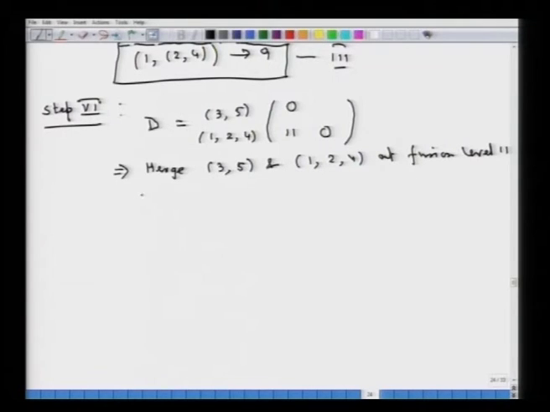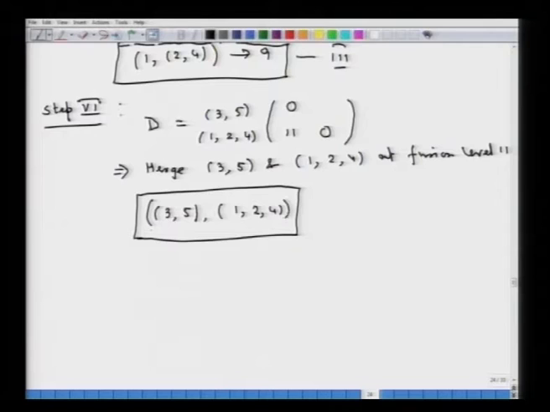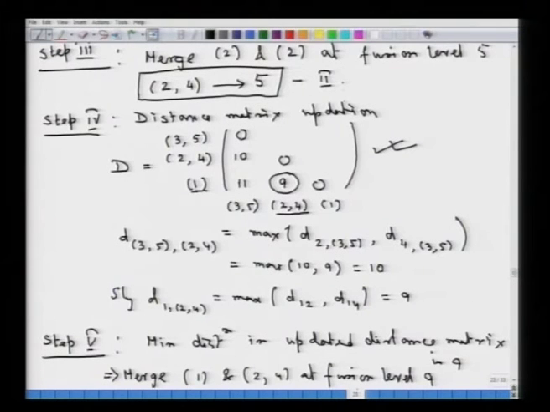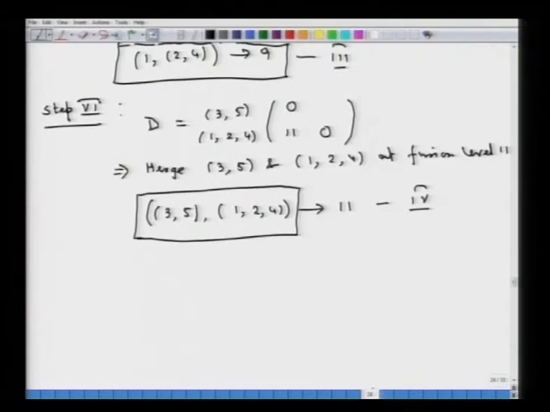So, the last information is that this 3 5 cluster merges with the cluster 1 2 4 to form a single 5 unit cluster at a merger level of 11. This is the fourth information that we will be keeping. So, we have all the 4 pieces of information. This is the first fusion level, this is the second fusion level, this is the third fusion level, and this is the fourth fusion level.